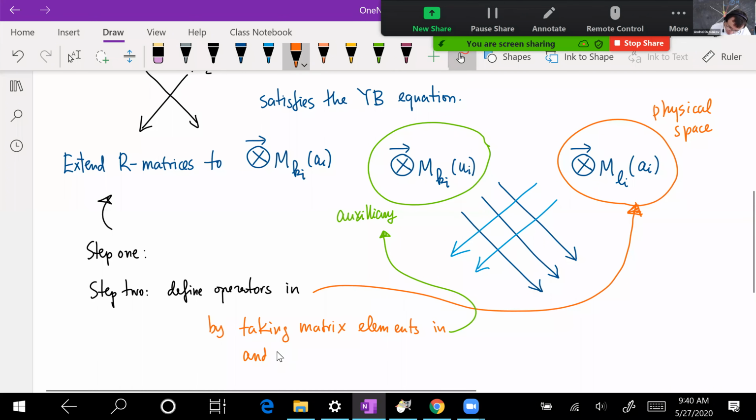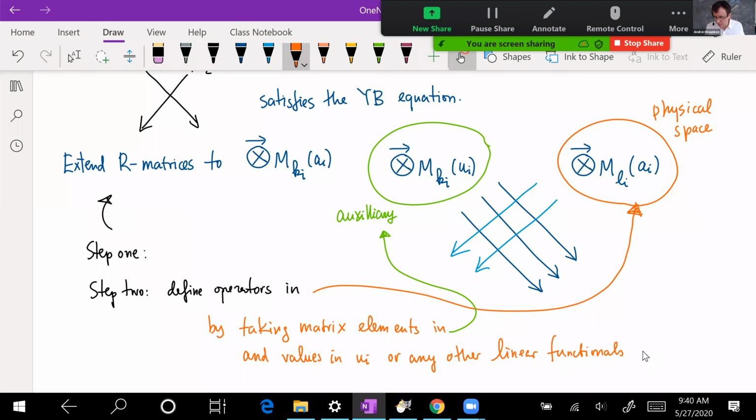So this is an operator valued function in UI, and you can take an arbitrary linear functional, or maybe values in UI, or any other linear functionals such as derivatives. Or you also have the freedom not to take any linear functionals, but just leave it as is, as a generating function for operators.